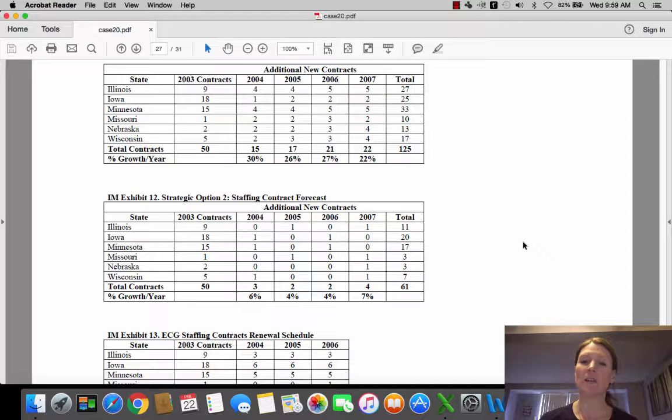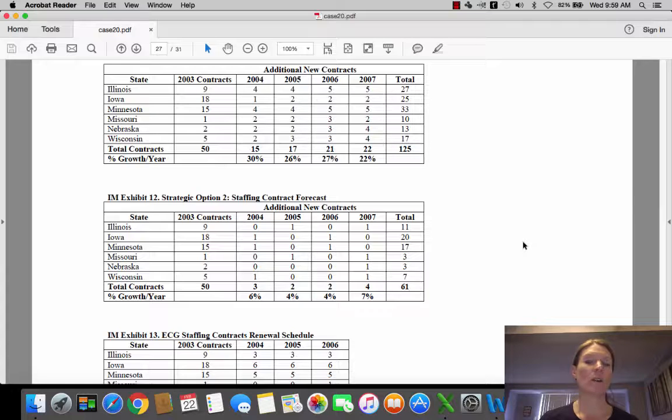Interestingly enough, their option was not to sell the documentation product separately, except as a standalone product to folks that did not have their staffing services. If they had the staffing service, they included it, but they did sell it as a standalone product for folks that didn't have their staffing service, and they did not meet their goal.